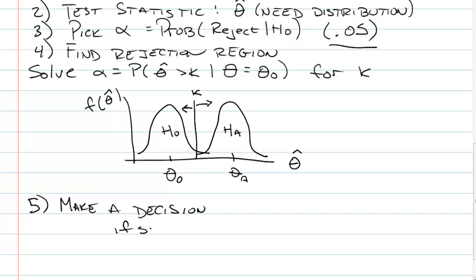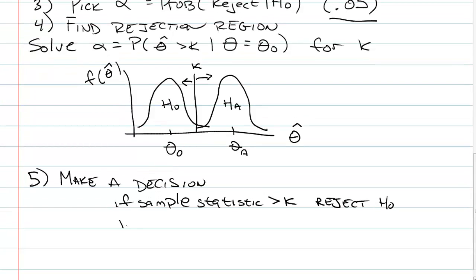If the sample statistic is greater than k, you reject the null hypothesis. If the sample statistic is less than k, fail to reject.